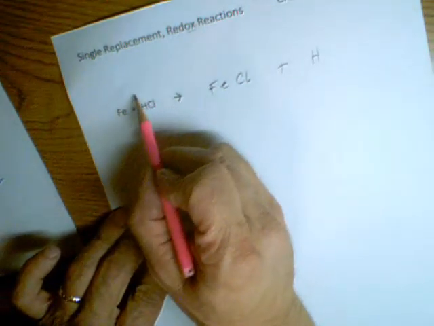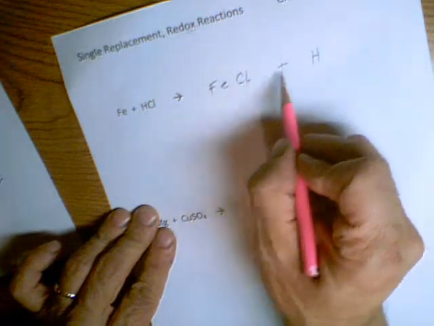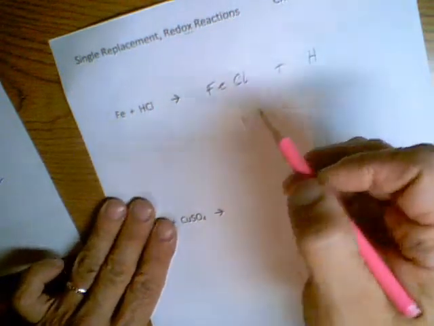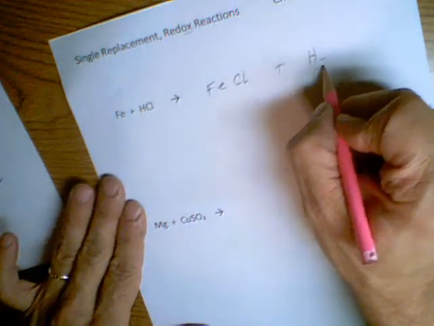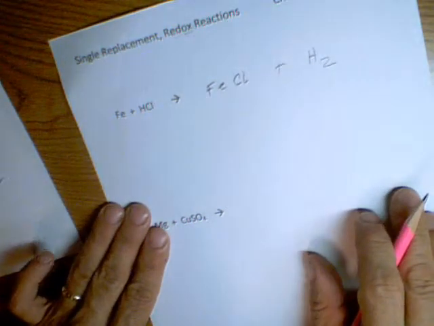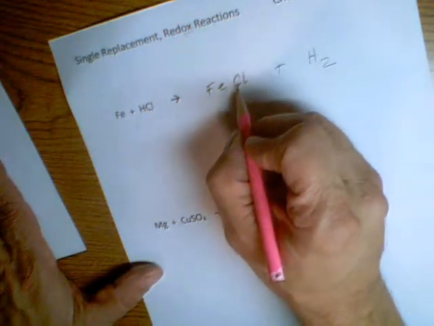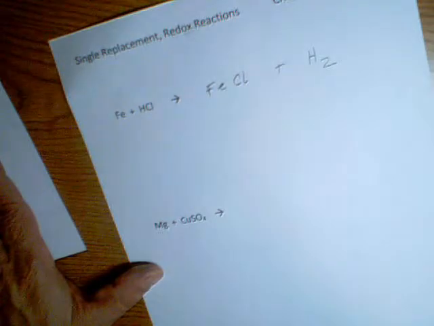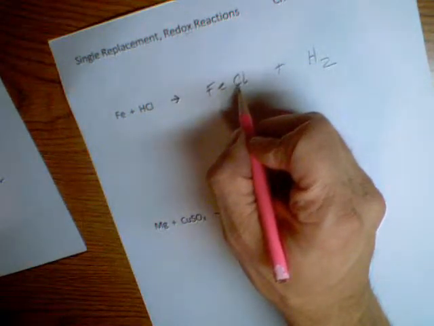Easy enough. All I've done was replace the iron with the hydrogen, right? When you're done, you think to yourself, is hydrogen a diatomic? Yes, it is, so you're going to have to add that subscript. Also, you have to think, what is the oxidation number of chlorine?